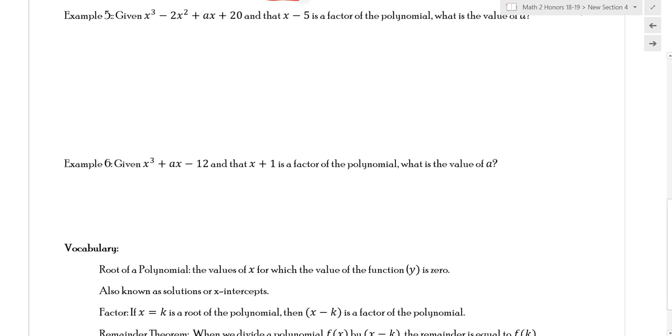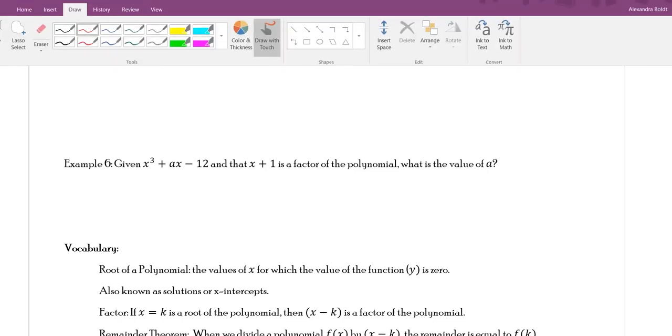Example 5, similar type of problem. Given x cubed minus 2x squared plus ax plus 20, and that x minus 5 is a factor of this polynomial, what is the value of a? So I'm missing one of my coefficients. I'm still going to set it up the same way with our synthetic division.